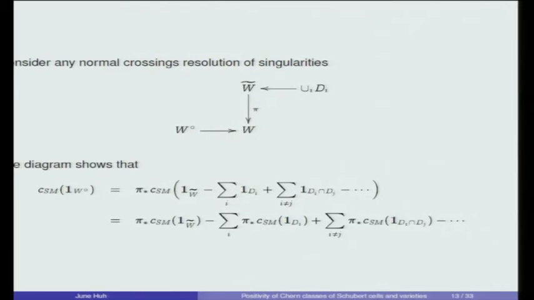And then at the level of W tilde, you can write this constructible function, 1W naught, as a linear combination of the 1 on the whole variety and the divisors, using an inclusion-exclusion formula. But the point is that since we have chosen a normal crossing resolution of singularities, all the intersections of the Di you see in here are smooth and complete.